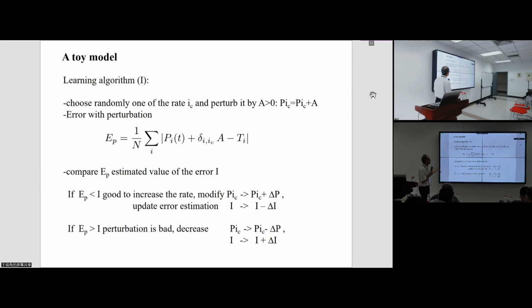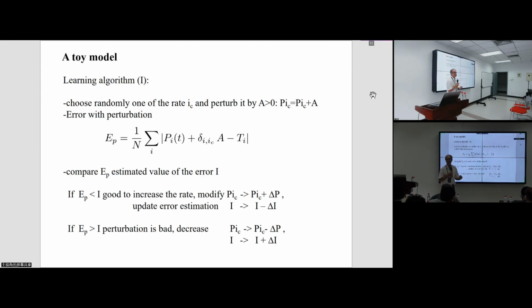So what I will do is choose randomly one of these cells, and I will perturb it by some quantity A. This will give me a new error that I will compare to my estimated value of the error. If this is bigger than my estimated value of the error, remember I is for inhibition, so I compare the two. If this is bigger, I will fire an error, so this is not good.